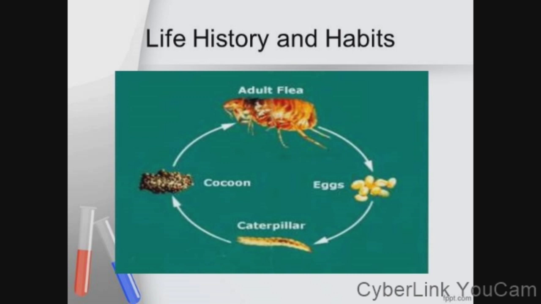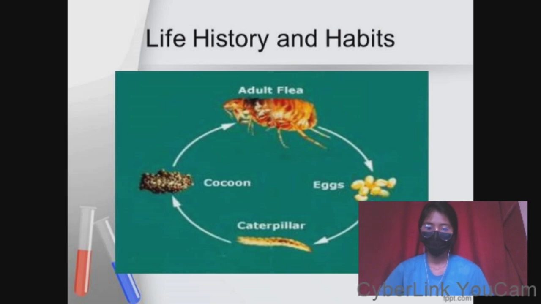Under favorable conditions, the larvae may reach their third stage in about 2 weeks, but development may be delayed for 6 months or more. Larvae feed on organic debris in the host nest, on surfaces on the floor or under rugs. Larvae of bird fleas thrive on broken down feathers and the epidermal scales of young birds.